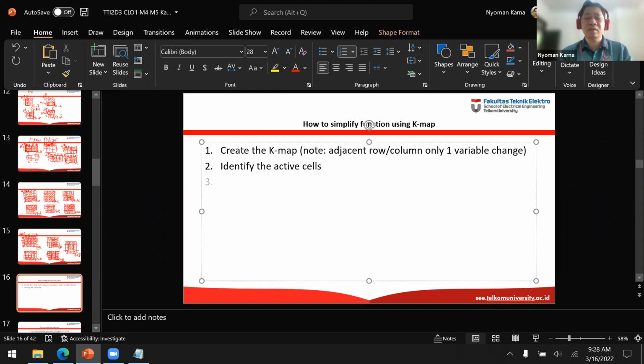And then create a bigger group from active cells with the rule.